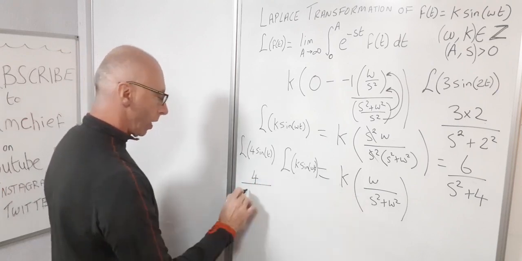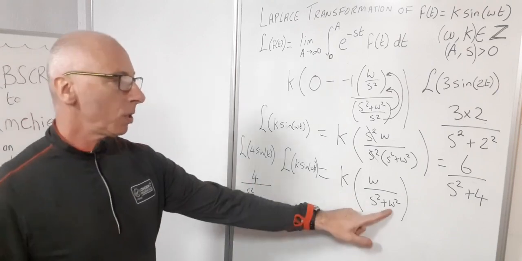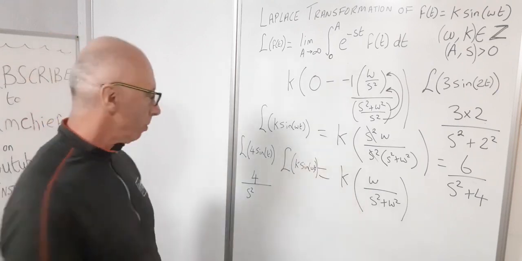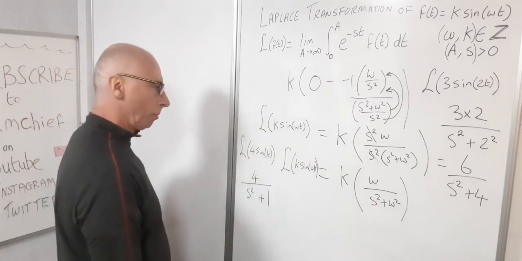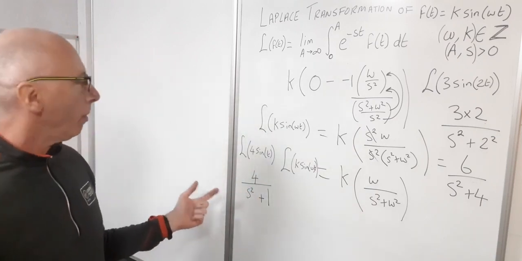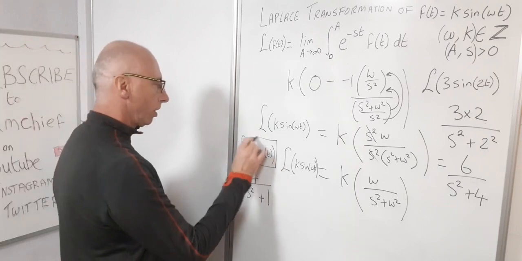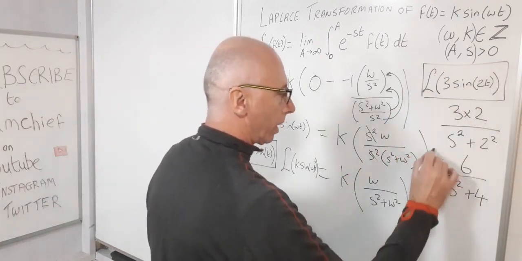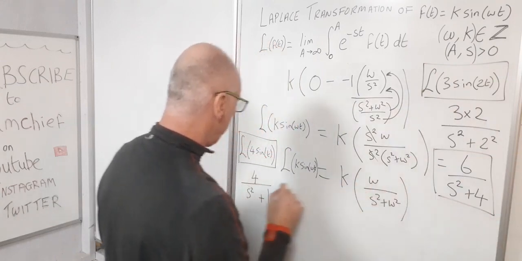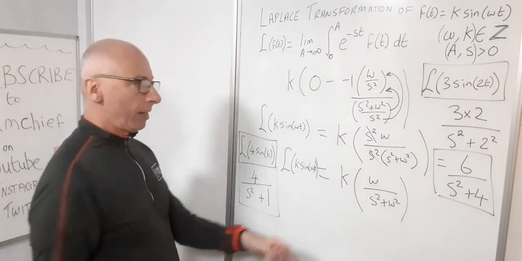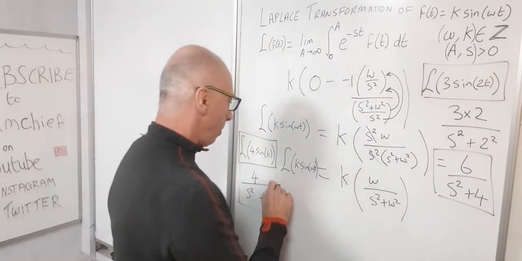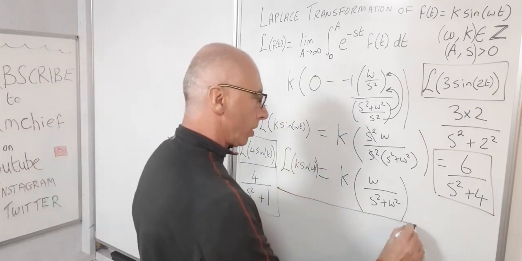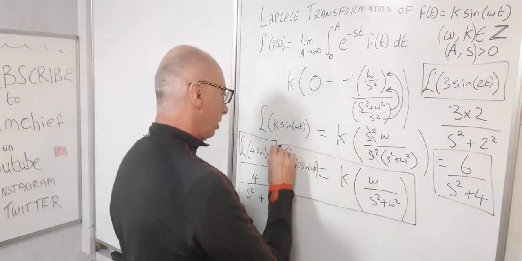And then we'd have an s squared, and then w squared is just 1, so it now just becomes s squared plus 1. That will be our Laplace transformation of those two terms, giving us this for both examples. And this is our general formula for our Laplace transformation. Okay.